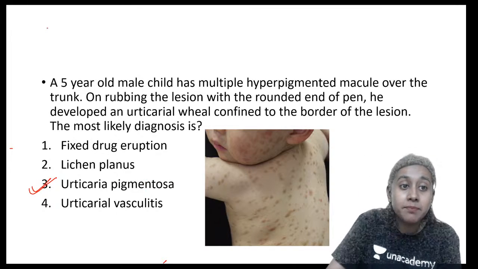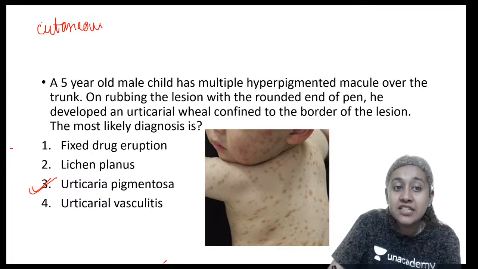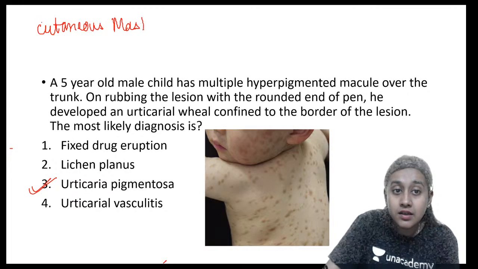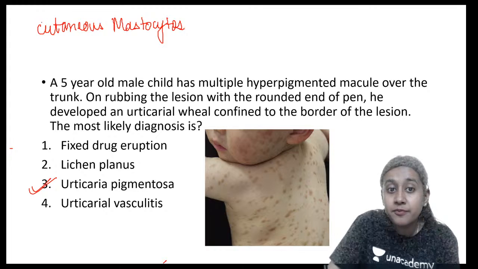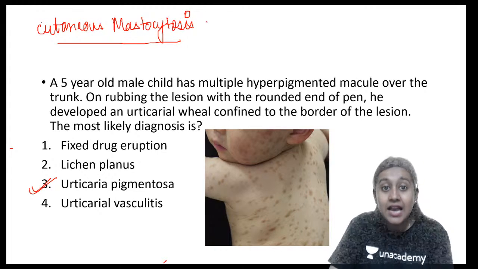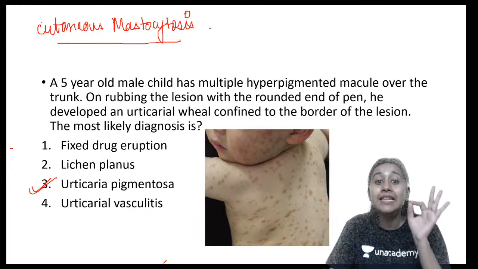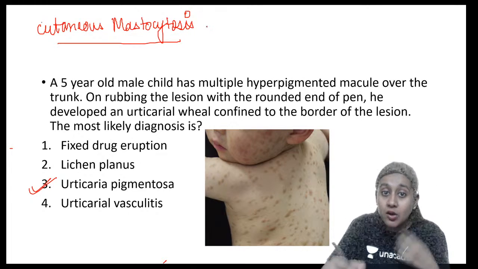Now what is urticaria pigmentosa? It is an example of cutaneous mastocytosis. You have proliferation of mastocytes in these cases, and it is the most common form of cutaneous mastocytosis seen in children.